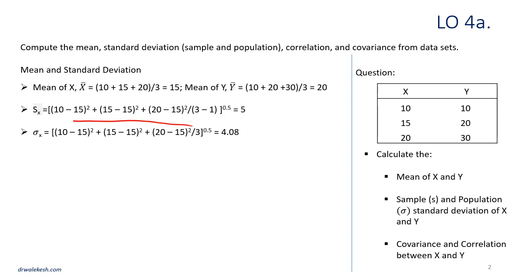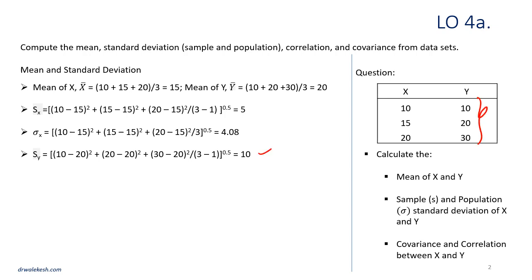Raising the whole of this to the power of 0.5 is the same thing as saying square root. I expect you to have this. Now moving on to that of y, you can solve for this using the same method. For the population standard deviation of y, you should have this. This is for the sample standard deviation of y.